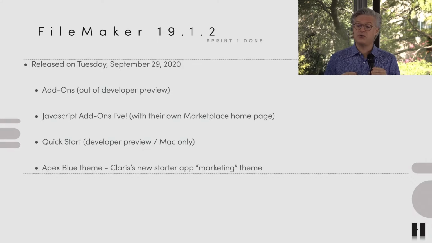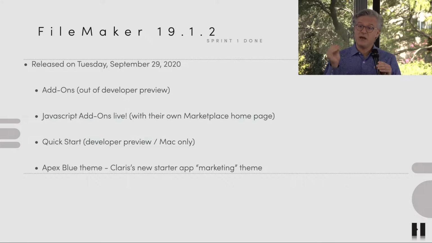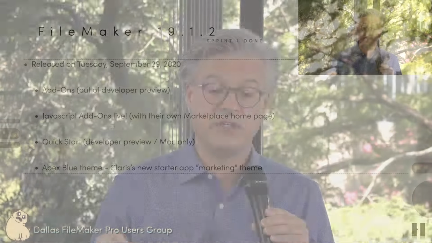Claris is also providing a preview of that Create in Cloud. No, it's not Create in Cloud yet, but it is a quick start that is available on the Mac version of FileMaker Pro. There's a few caveats. You cannot have FileMaker Server installed, and you have to turn off the advanced tools in order for it to work. But it's in there, and obviously they want us to play with it and try it.